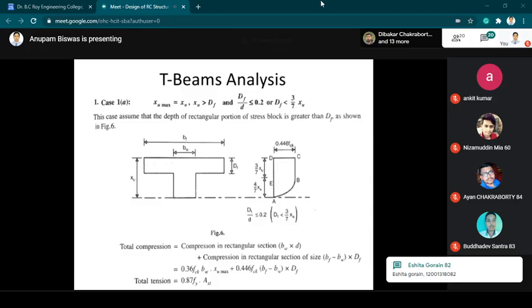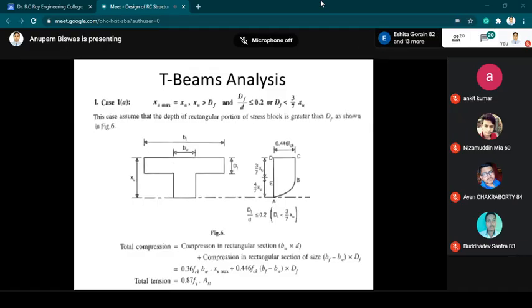Again we have two cases. When the flange depth falls within the rectangular portion BCDE, within the depth DE, that is 3 by 7 xu, then we consider segment 1 and segment 2: the compression for the rectangular section is bw into d, and the compression for the rectangular section is bf minus bw into df.